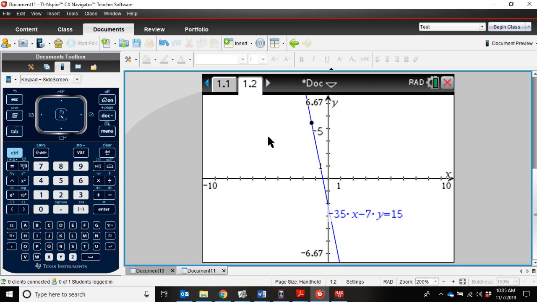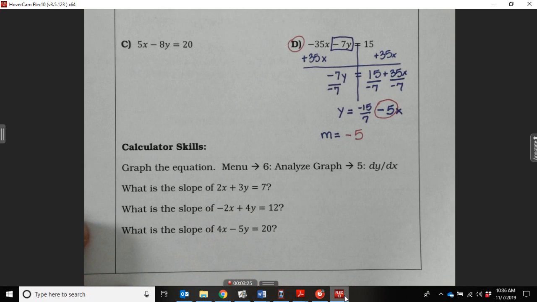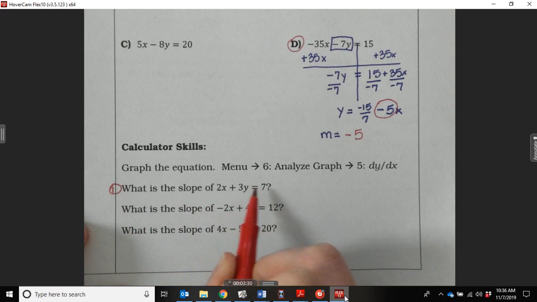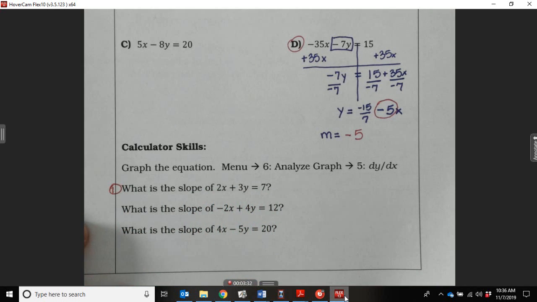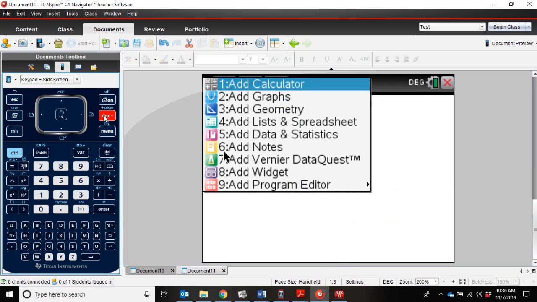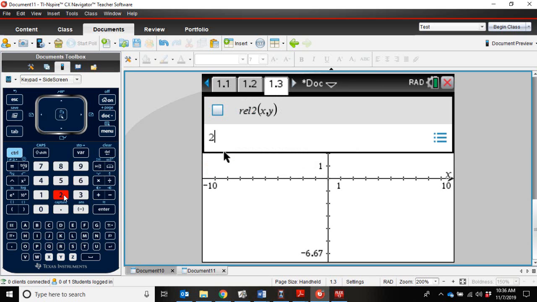And so let's go through these equations right here, and let's find the slope. So the first one, number 1, is 2x plus 3y equals 7. And so we're going to go to our calculator, press Control Doc, and add a new graph page. We're going to delete the equal sign and pick a relation. And we're going to type in 2x plus 3y equals 7.